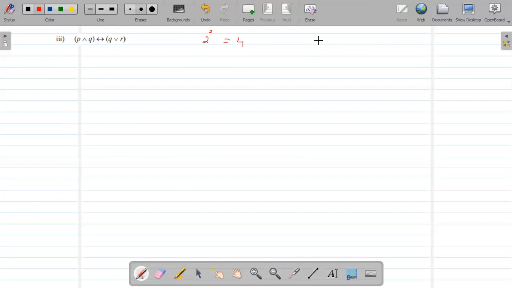Now the number of variables is 3, so the number of rows increases to 8. Get the concept?